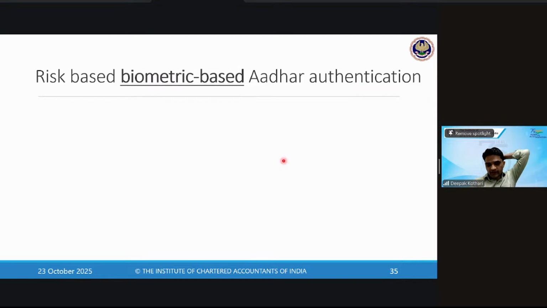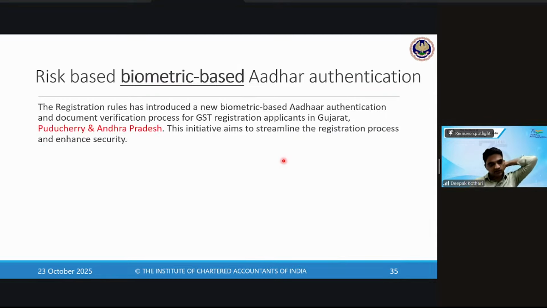Risk based biometric based Aadhaar authentication, wherein the registration rules have introduced a new biometric based Aadhaar authentication कि आपका आधार ऑथेंटिकेशन सिर्फ ऑनलाइन ओटीपी देने से नहीं होगा. You have to go to the places, जैसे गुजरात, पुदुचेरी, आंध्र प्रदेश में अभी ये किया है कि आपको बायोमेट्रिक देके वेरीफाई करना पड़ेगा. क्योंकि क्या होता है, बहुत सारे फेक रजिस्ट्रेशन लेते हैं और आईटीसी वगैरह पास करके भाग जाता है.